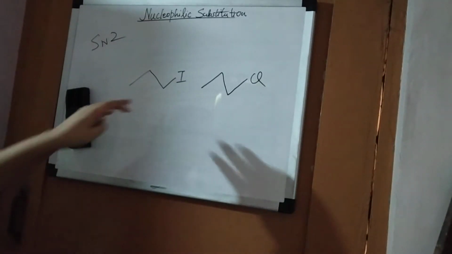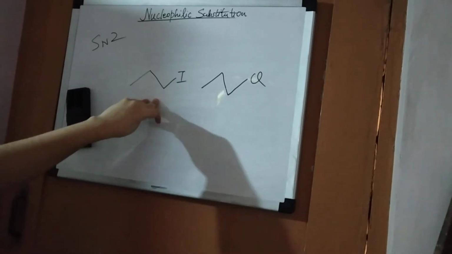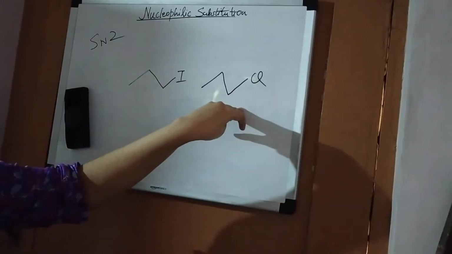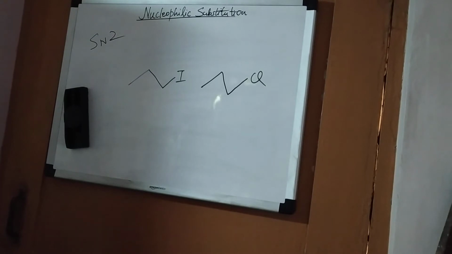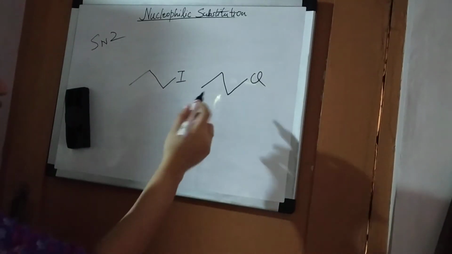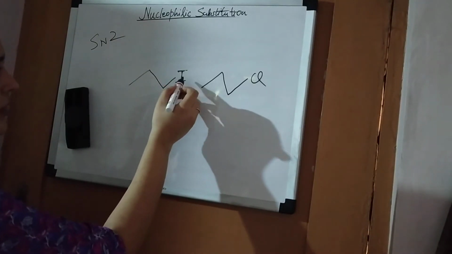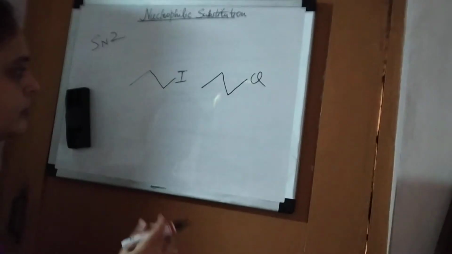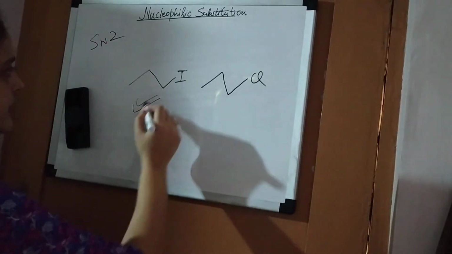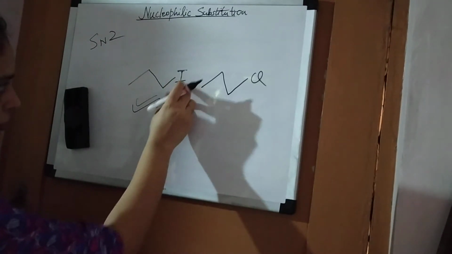We have to find out which one, the alkyl iodide or the alkyl chloride, will undergo the faster SN2 or SN1 reaction. As I have told you, iodine is the better leaving group among all the halide groups. So this will undergo the faster nucleophilic substitution reaction because iodine is a better leaving group than chlorine.